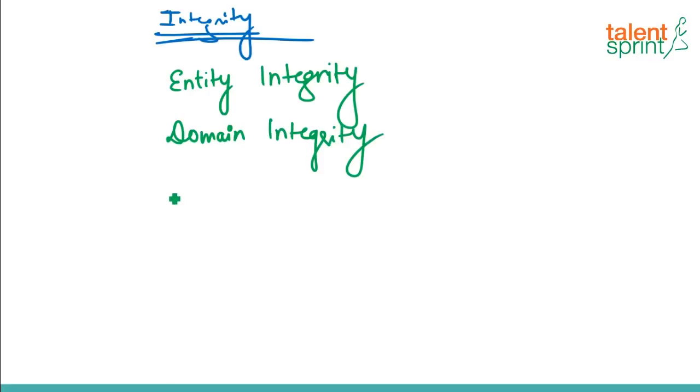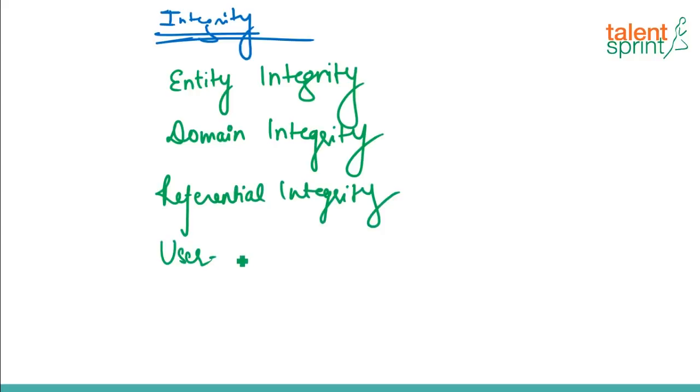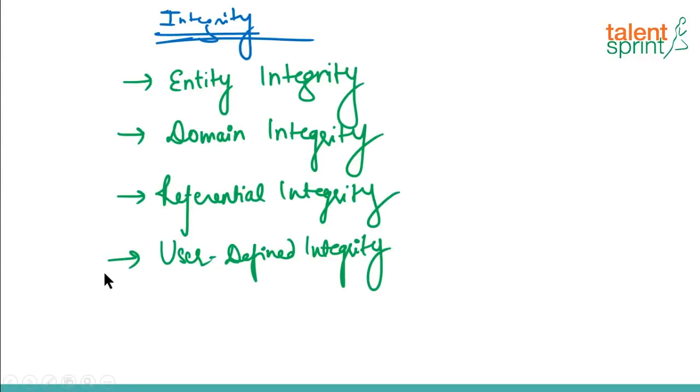Next is referential integrity, and next up is user defined integrity. So each RDBMS should follow these 4 integrity rules. So what are these 4 integrity rules?